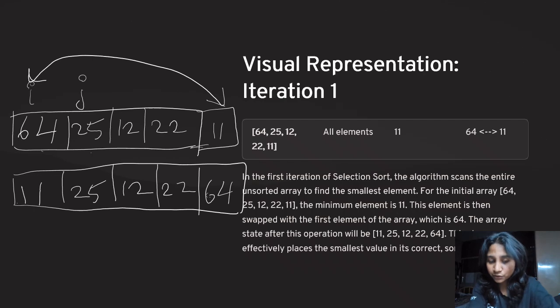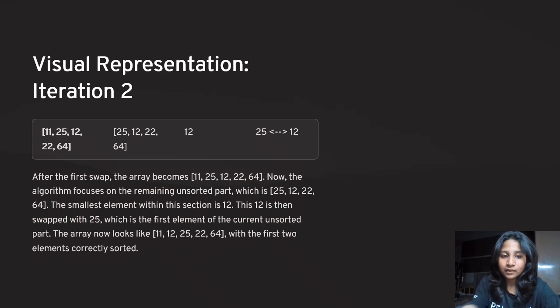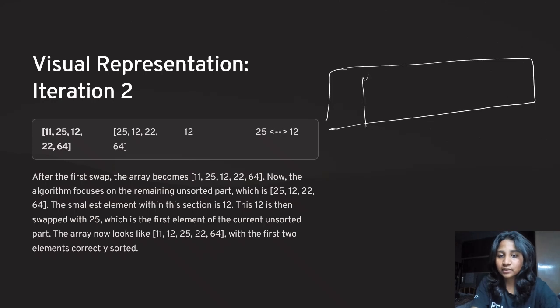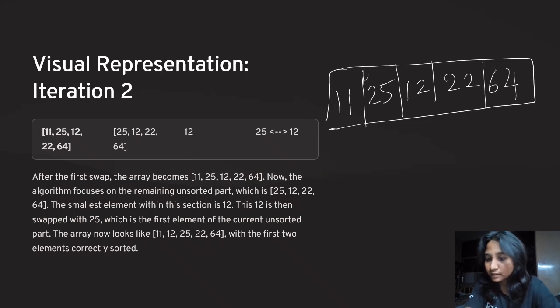So this is what our first loop does. Now the second iteration. Our array looks like this right now: 11, 25, 12, 22, and 64. This is how our array looks right now.